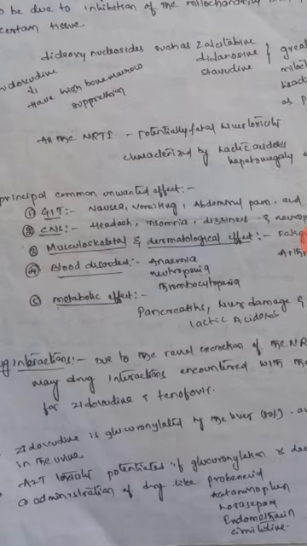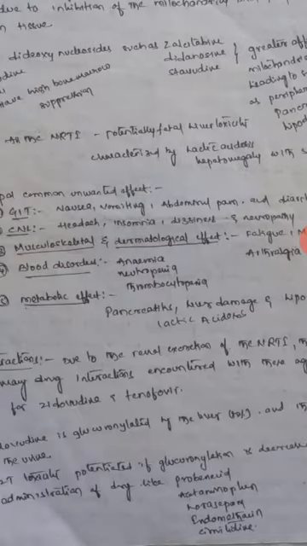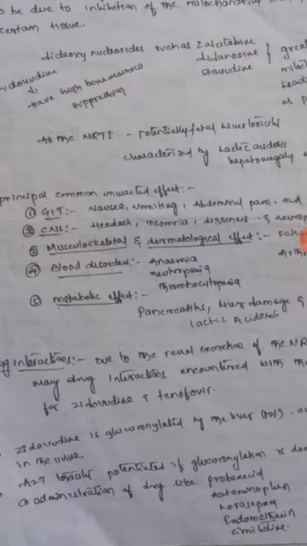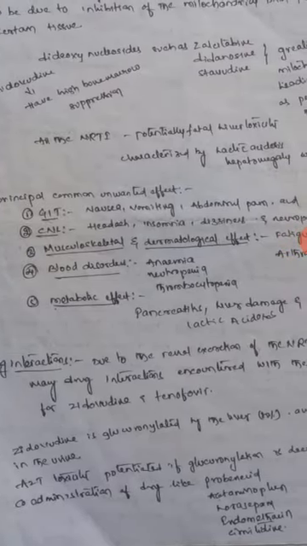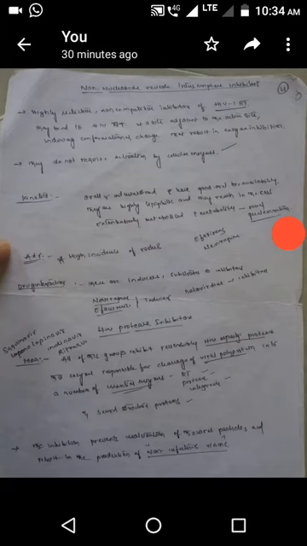Zidovudine toxicity is potentiated by other drugs which undergo the same glucuronidation metabolism, for example probenecid, paracetamol (acetaminophen), lorazepam, indomethacin, and cimetidine. Suppose you take zidovudine plus paracetamol: paracetamol will stop the metabolism of zidovudine, so it increases the plasma concentration of zidovudine and causes zidovudine toxicity. This is about nucleoside reverse transcriptase enzyme inhibitors.